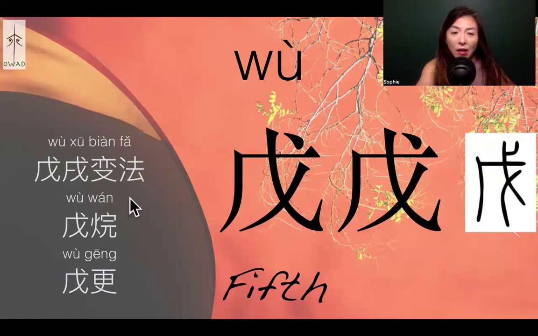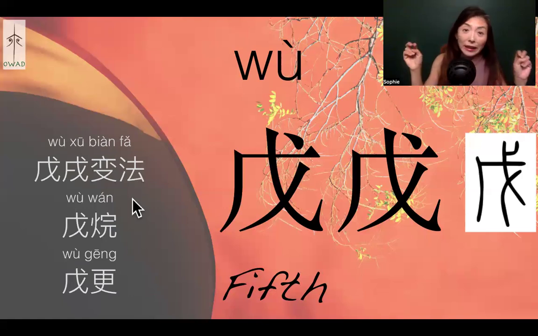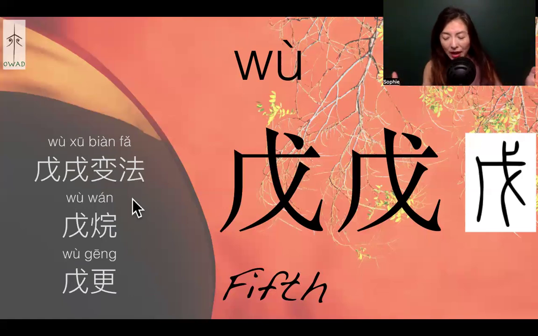And here are a few examples. 戊戌变法. Okay, if wu is number 5th, right? That's after 甲乙丙丁. All these map to the heavenly 10. So we have 10 numbers with a special Chinese character dedicated to each number. This is the 5th, which signifies the middle, the strongest moment.